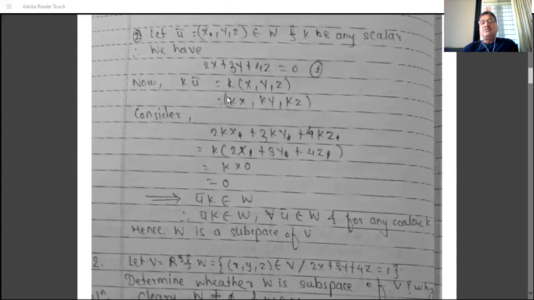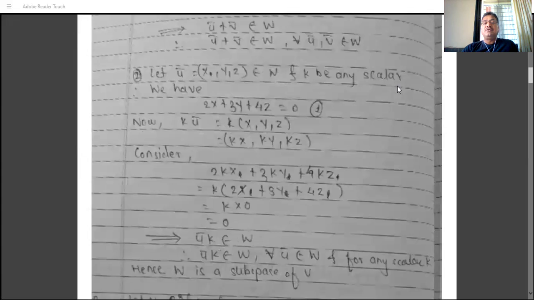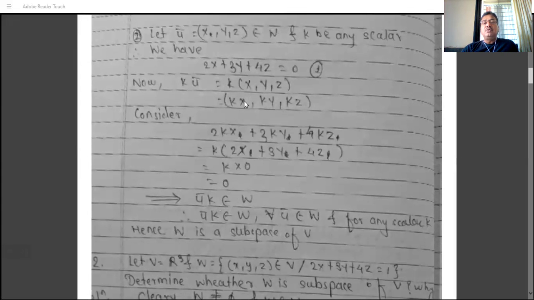Now we have to show this K U bar is an element of W, which means this Kx, Ky, Kz satisfies the condition 2 into x plus 3 into y plus 4 into z. That is, we have to show 2 into Kx plus 3 into Ky plus 4 into Kz is equal to 0.